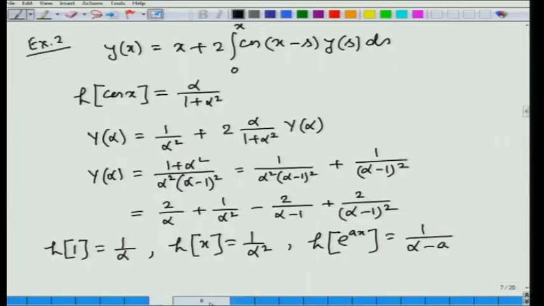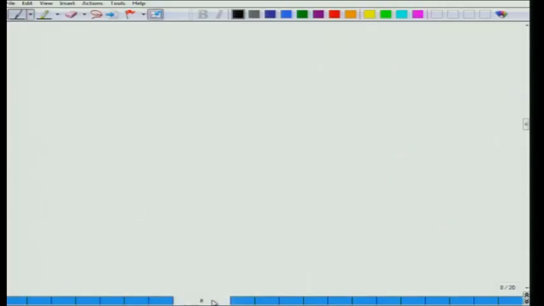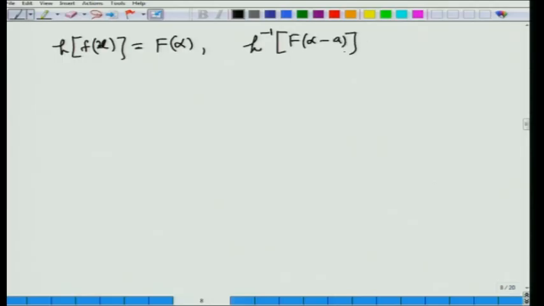square, and here actually we need to apply the first shifting property of the inverse Laplace transform. It states that if L of f(x) is equal to F(alpha), then the inverse Laplace transform of F(alpha minus a) is equal to e to the power a x multiplied by f(x). So, actually we apply this result in order to find the inverse Laplace transform of 1 by (alpha minus 1) whole square.